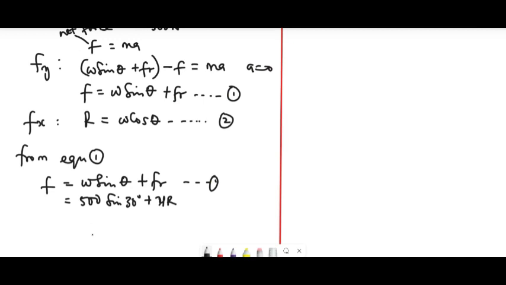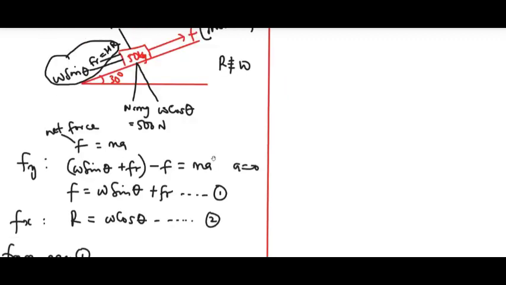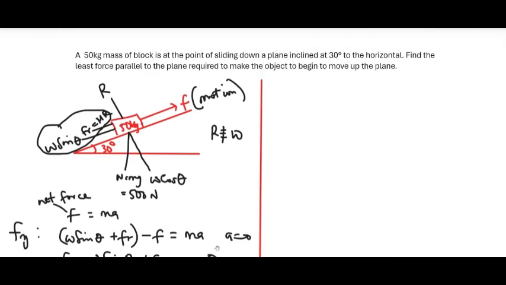Sine 30 is 0.5, and 500 times that will give us 250 plus our mu R. What's the value for our mu? All right, we don't have a value for mu. So what you just have to do is very simple. Mu would be equal to tan 30 degrees, right? So tan 30 gives me 0.58. So that will be your mu.